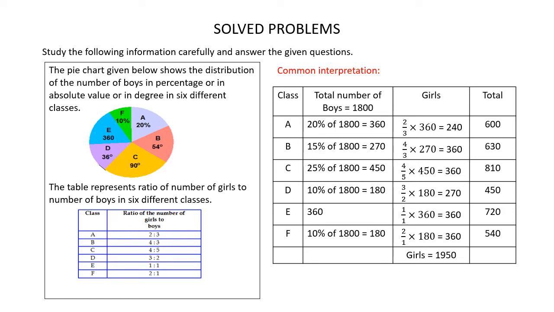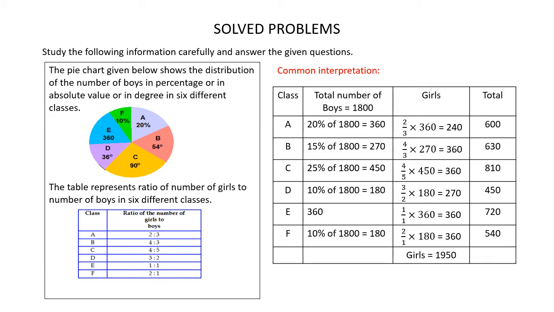We know that there are 360 boys in class A. So the number of girls in class A is 2 divided by 3 multiplied by 360, which is 240, because for every 3 boys in class A, there are 2 girls.